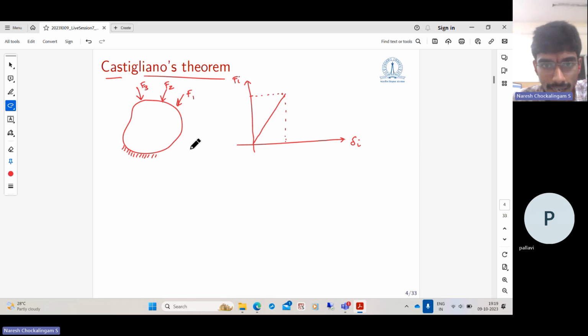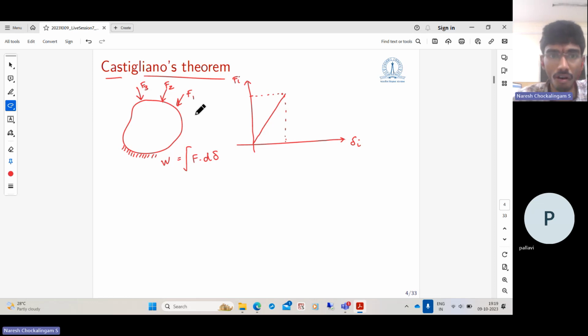And as we know, the integral F d delta. So if we integrate the force over incremental displacements, what we get is the work done. So this is the work done. And the work done as we increase that force from 0 to this point should be equal to the strain energy of the body.